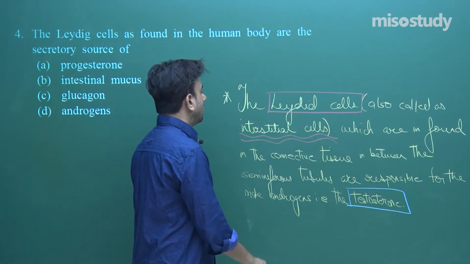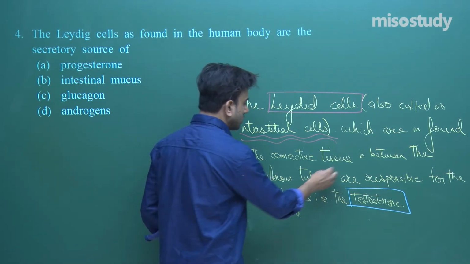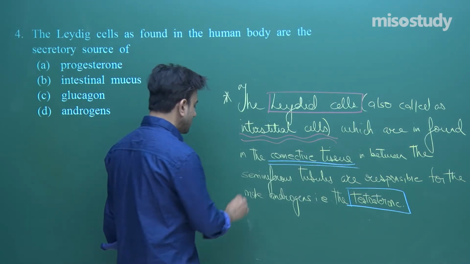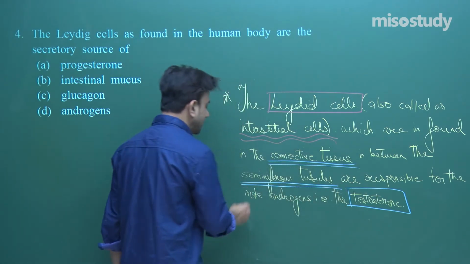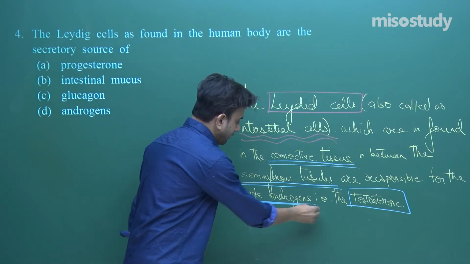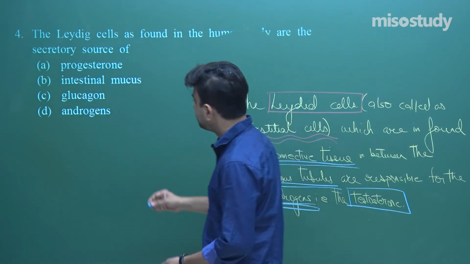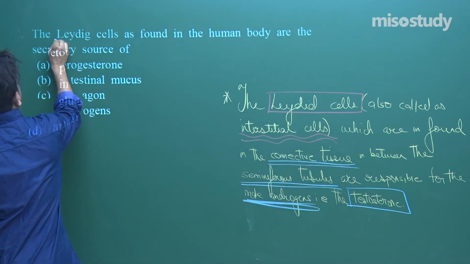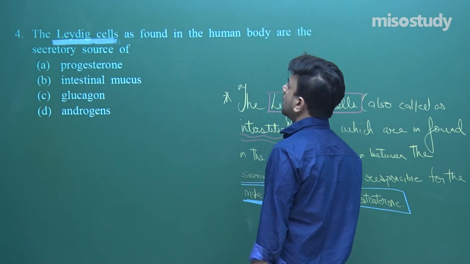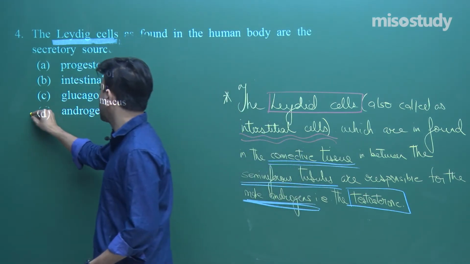Okay. So, the Leydig cells also called as interstitial cells, which are found in the connective tissue in between the seminiferous tubules, are responsible for the male androgens, that is the testosterone. So, the Leydig cells found in the human body are the secretory source of what? The androgens.